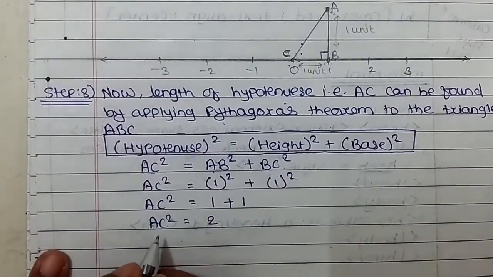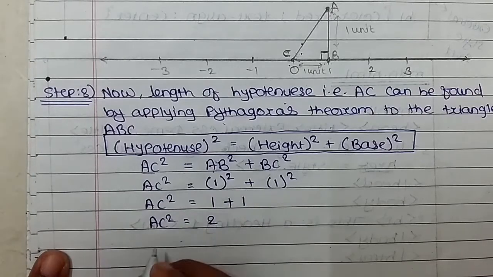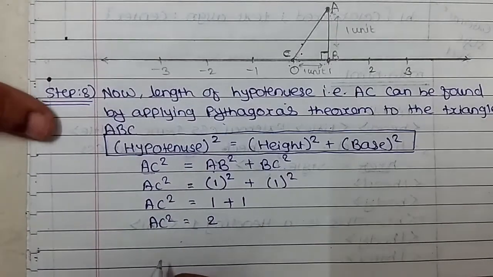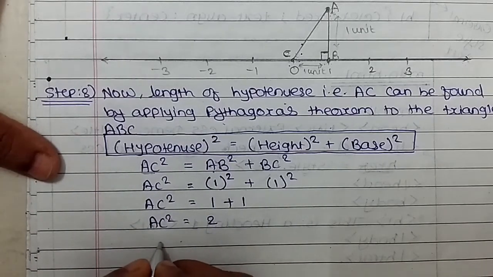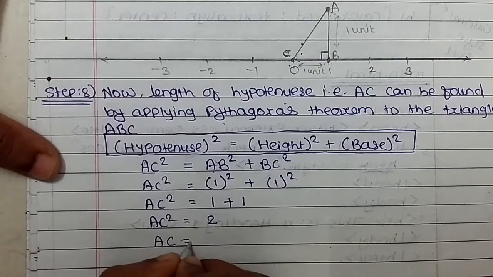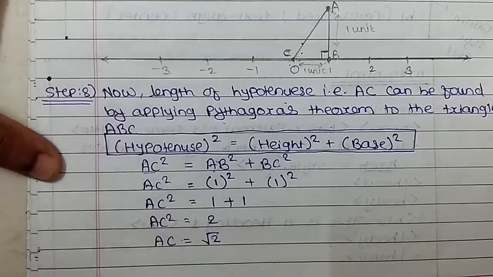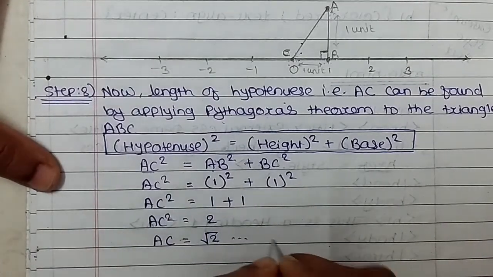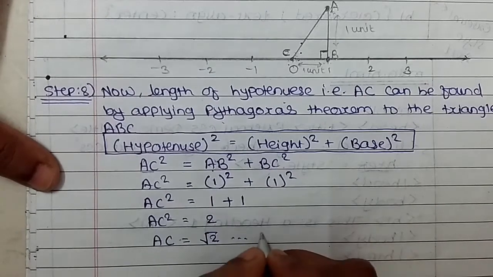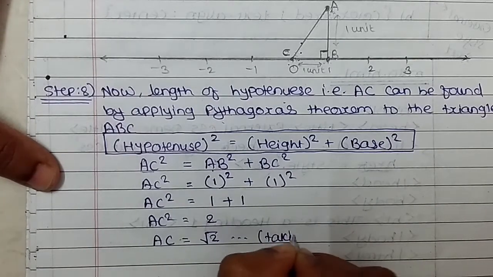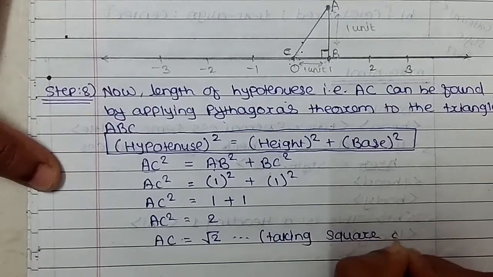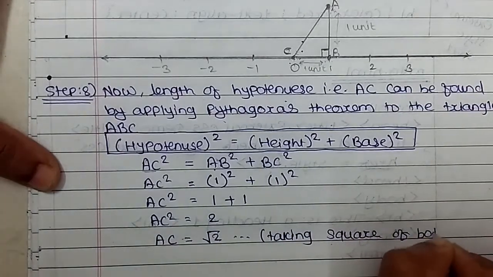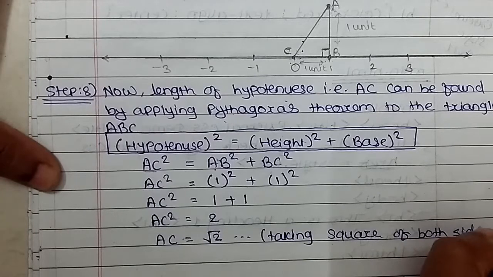Next, when we take the square of both sides, how to write the square of both sides here? Listen. AC is equal to root 2. Why? Because we are taking square of both sides.